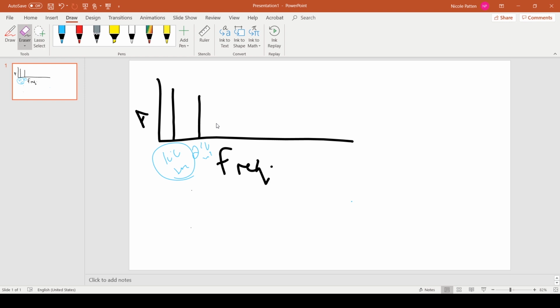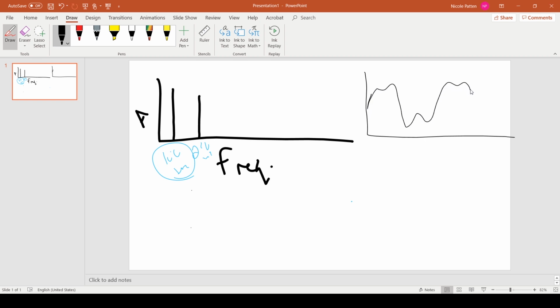So if we drew this out, the wave might look like that. You can see in there that you've got what's called a carrier frequency, right?